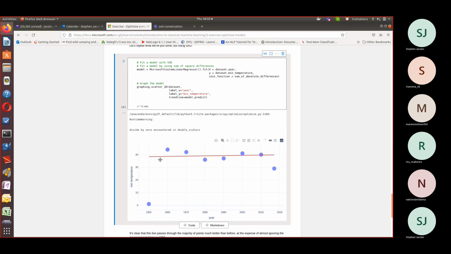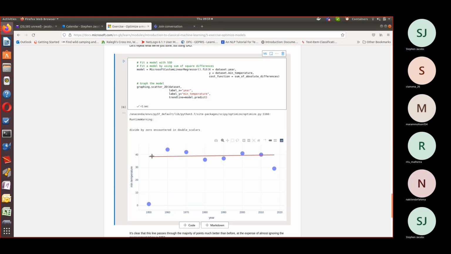So this is the output. This red line here is the output of our model. With this line, we can put in any year and we can get back what the average temperature is.